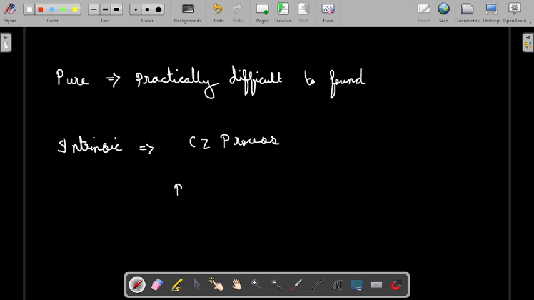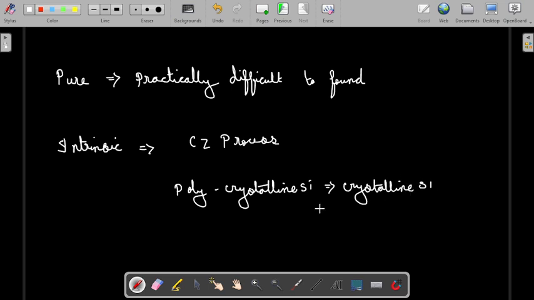What they do is take polycrystalline silicon and make crystalline silicon. There are many other kinds of processes happening, like how extrinsic and other things are made. Those things we will discuss from the next class.